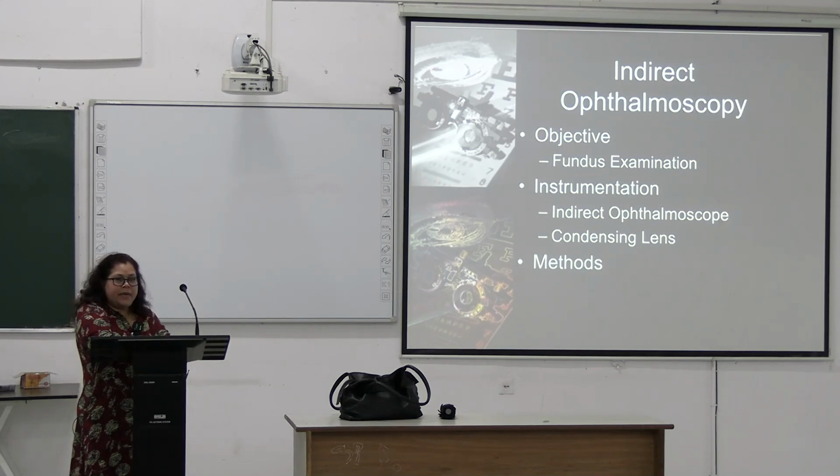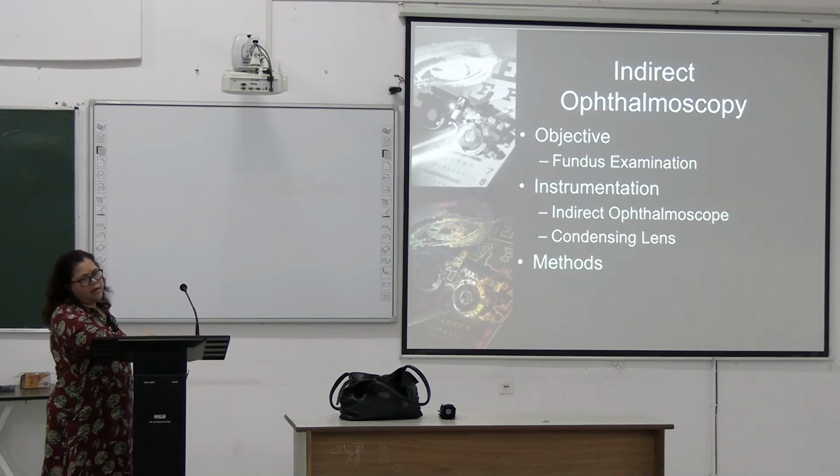And in hazy media, we can't assess the fundus clearly with direct ophthalmoscopy. And stereopsis, meaning depth perception, is poor in direct ophthalmoscopy. But in indirect ophthalmoscopy, depth perception and stereopsis are better. And in hazy media, it is not possible.